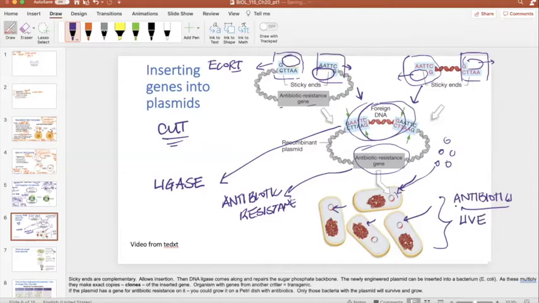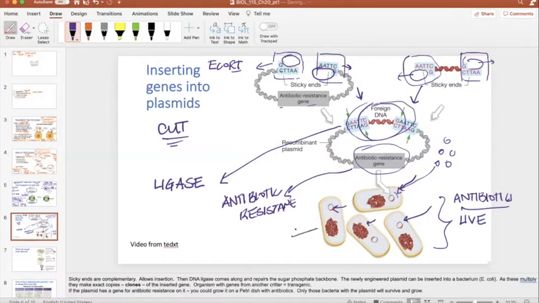Because theoretically, any bacteria that didn't get a copy of this plasmid would be killed by the antibiotics. So as these bacteria grow and divide, the only bacteria that will grow and divide are those that contain our gene of interest, our insulin.